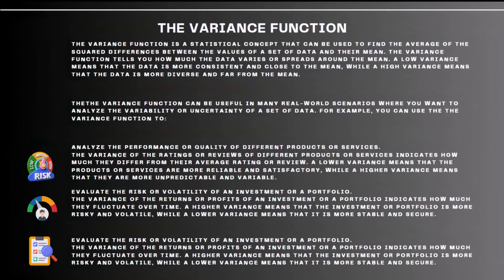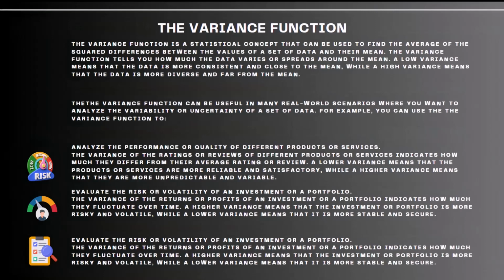The variance function is a statistical concept that can be used to find the average of the squared differences between the values of a data set and their mean. The variance function tells you how much the data varies or spreads around the mean.